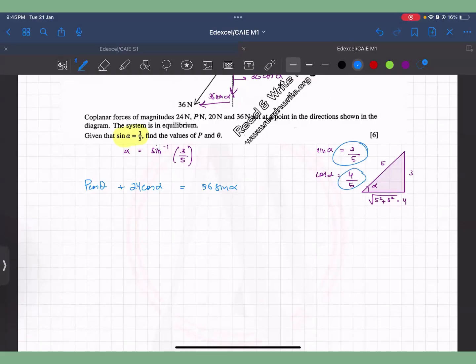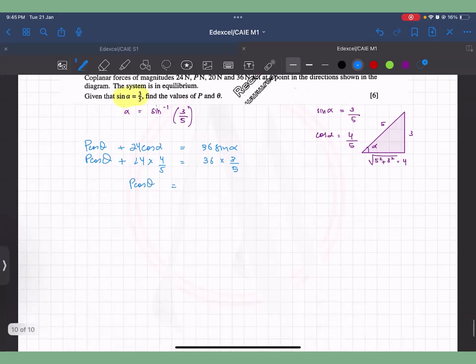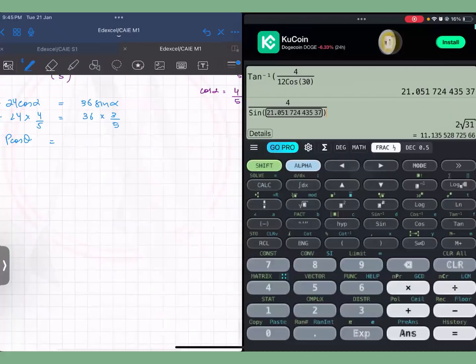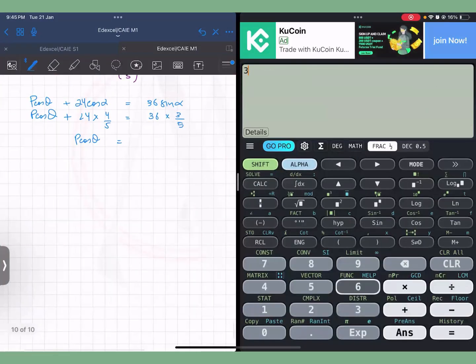Look over here, 3 upon 5 and 4 upon 5. So 24 multiplied by 4 upon 5, 36 multiplied by 3 upon 5. So you will get the value of P cos theta. It would be 36 multiplied by 3 upon 5 minus 24 multiplied by 4 upon 5, 12 upon 5.